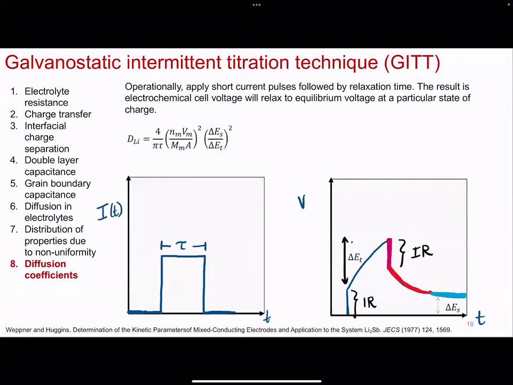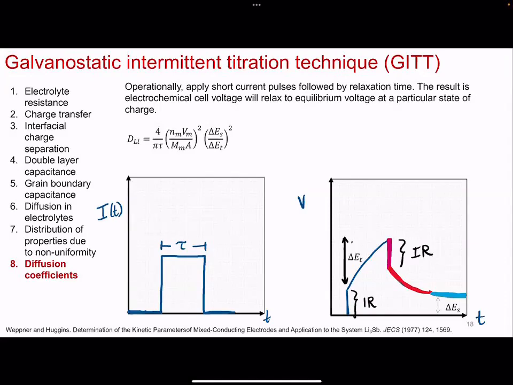To do that, you take the ratio of this delta Es, the voltage difference from when you first applied the current, divided by the jump in the voltage. Everything else is normalized by the molar volume of your material divided by the area and how many moles you're transporting, divided by the pulse time. So everything else is already in the experiment and set up.